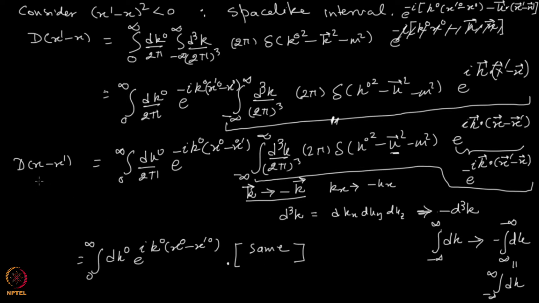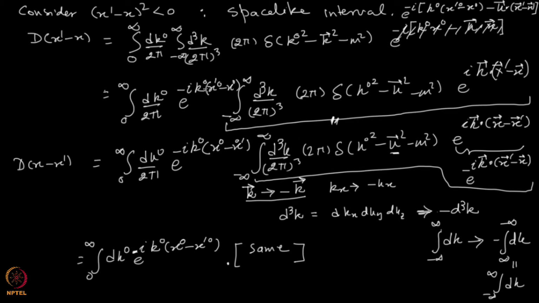In general, d of x prime minus x and d of x minus x prime are not the same. They are not the same because of the difference here. Here I cannot take k0 to minus k0 and get the same thing as here. That's not possible. So there is a minus sign here.